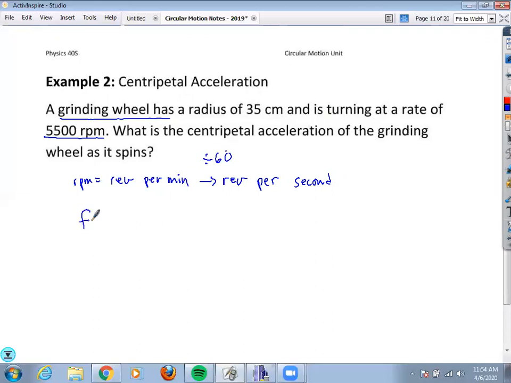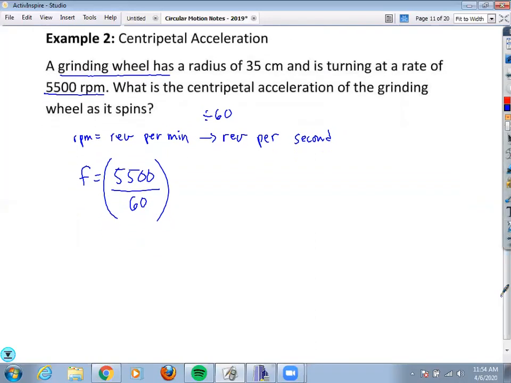So the frequency would be 5,500 divided by 60, and we'll just leave that as a fraction. We don't really need the decimal here. We know that the radius r is 35 centimeters, which is 0.35 meters.